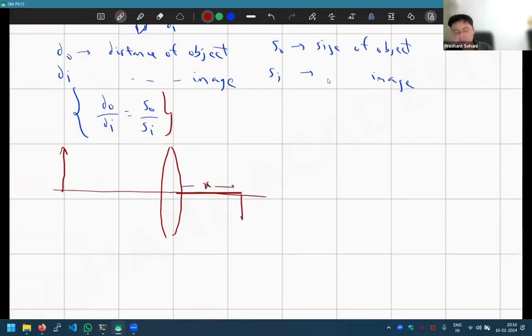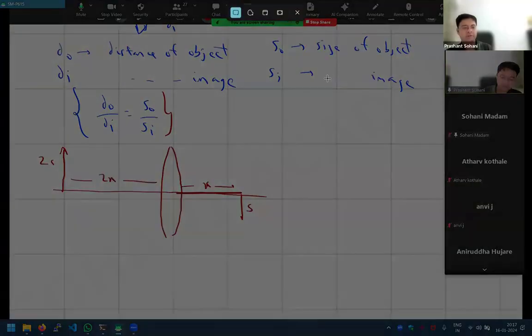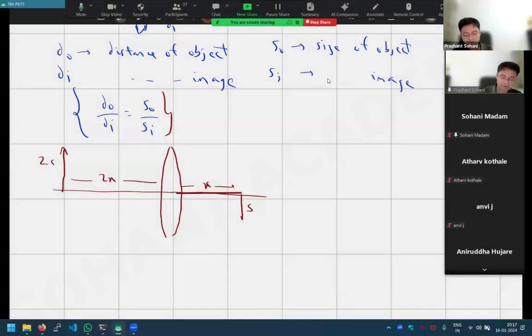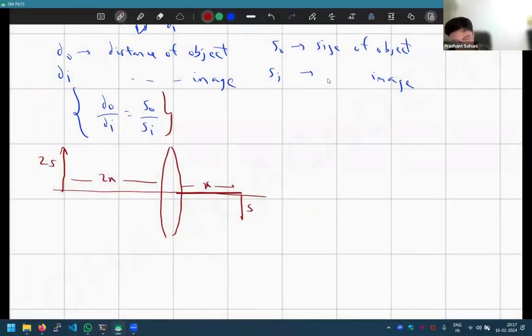So this is the distance of the image. The distance of the object is going to be 2x. And why? Because the size itself is in that ratio. If the size is half, the distance will also be half. Okay. So we are just assuming that this 2x and x is the distances initially.